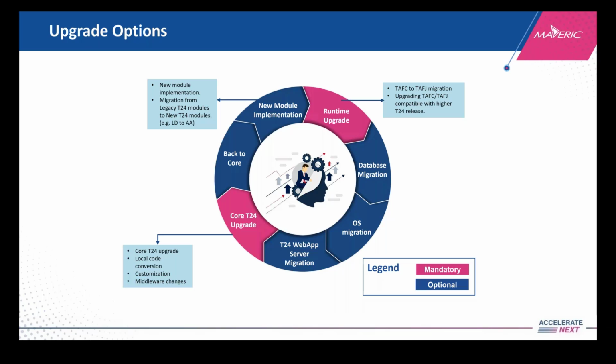So a runtime upgrade is essentially the upgrade of your T24 application framework, be it a C-based TAFC or a Java-based TAFJ. Most of the upgrade projects that are happening these days involve migration from TAFC to TAFJ as well.